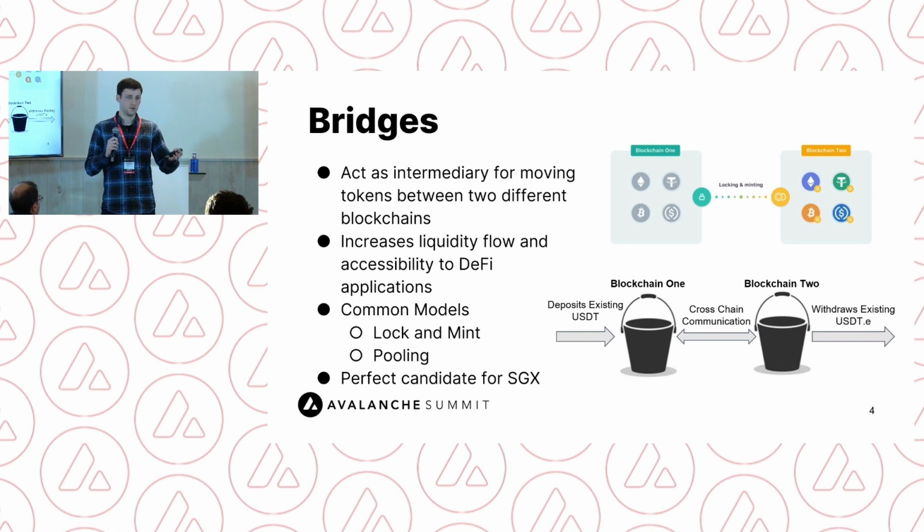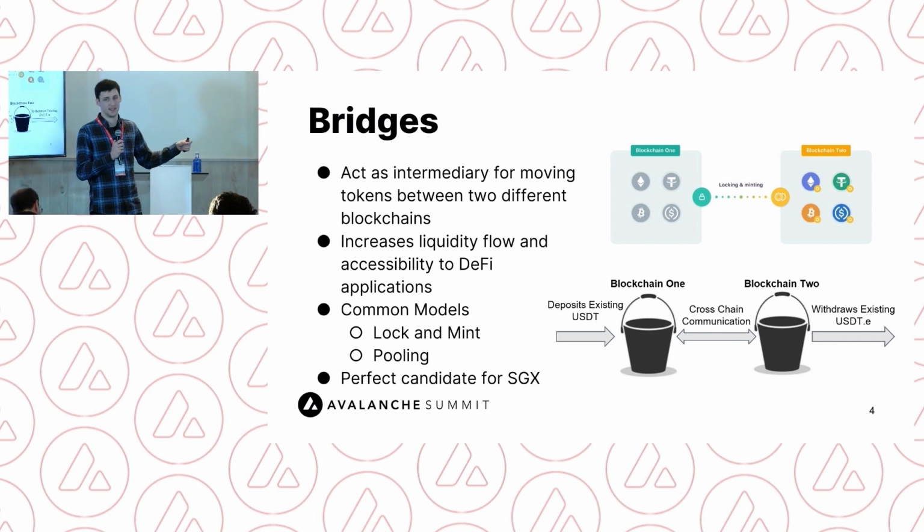You put them into a pool on both sides, and then users are able to deposit into the pool on one side, and they earn the right to withdraw from the pool on the other side. This is really nice because you don't necessarily need to have that synthetic or wrapped asset. If you have the native asset, USDT, on both chains, you could create a pool directly between those two, but it has limitations because you need to keep those pools maintained.